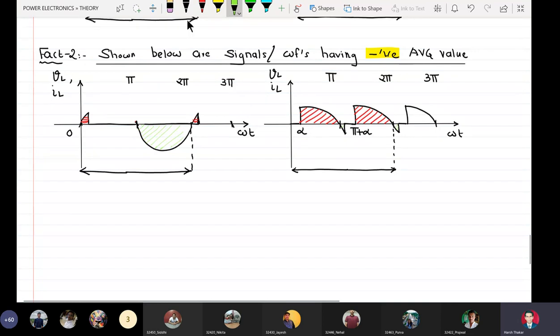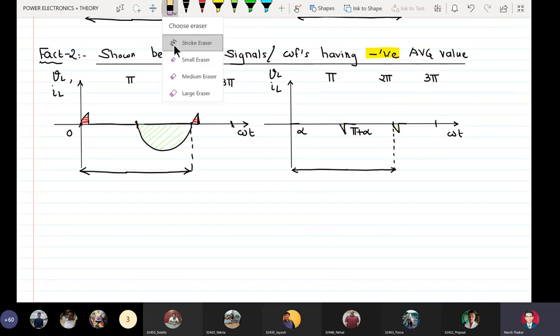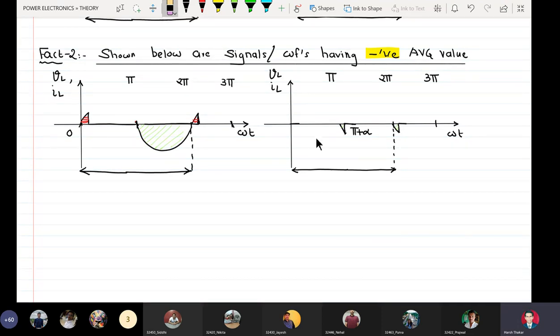So we can also show this here. We need some reference now.